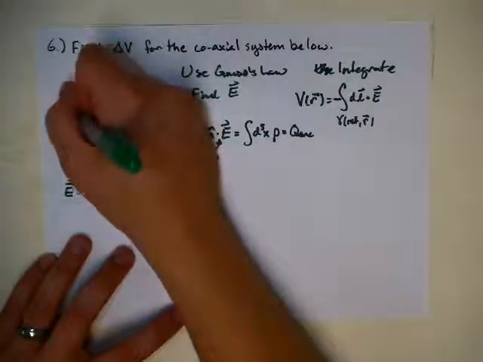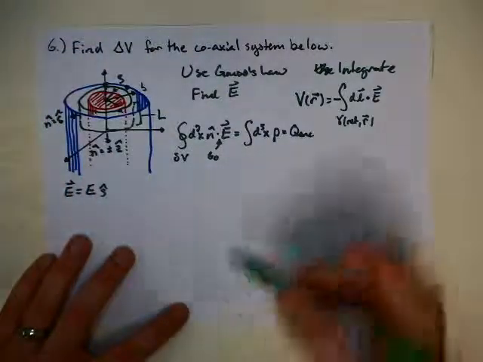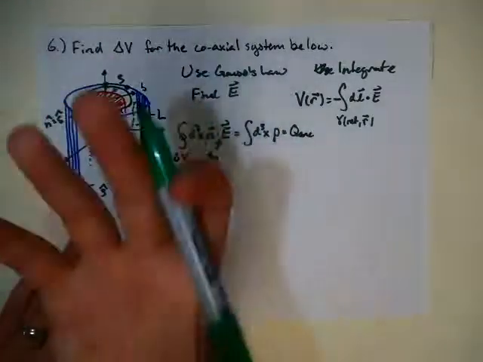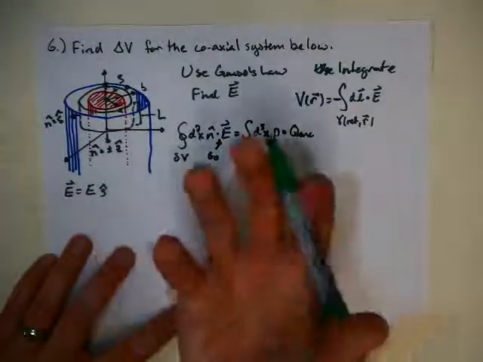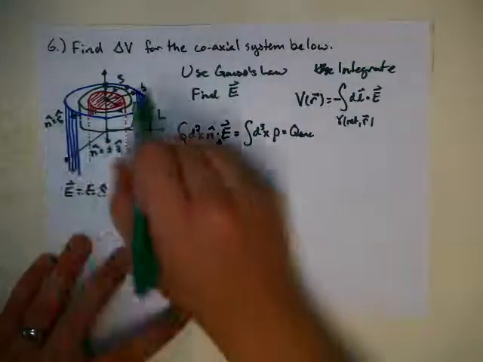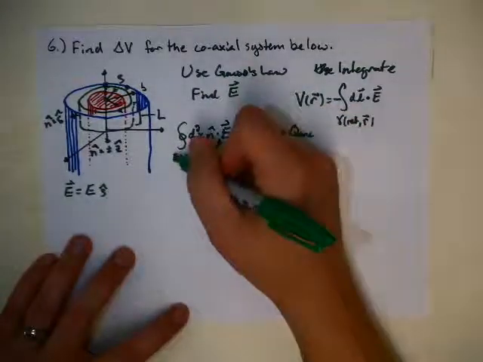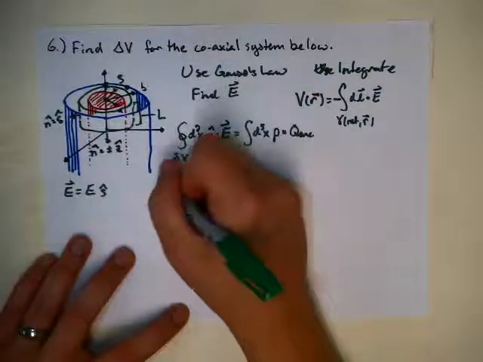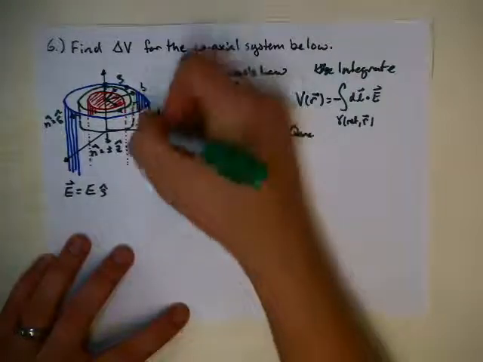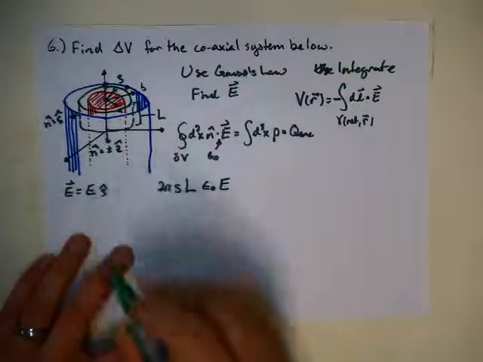On the side, the normal is in the S hat direction, so that simply gives us E. Furthermore, if we rotate the entire system about this axis, it looks the same, so E can't depend upon the azimuthal coordinate. Therefore, this is just the surface area of the side of the cylinder, 2 pi S, the circumference, times L, the height, and then epsilon naught times E.